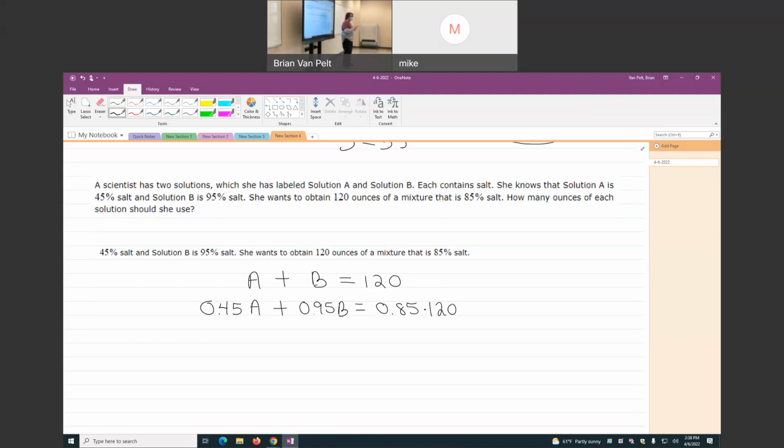That's why I put a 0.45 up there. To just put a 45, well, it will work in this case, but I think is dangerous. It's a lot bigger than multiplying with 120. Because she wanted her final result to be 85% salt. Right. She wants 85% of the final to be salt, right? So the 120 ounces, she wants 85% of that to be salt.